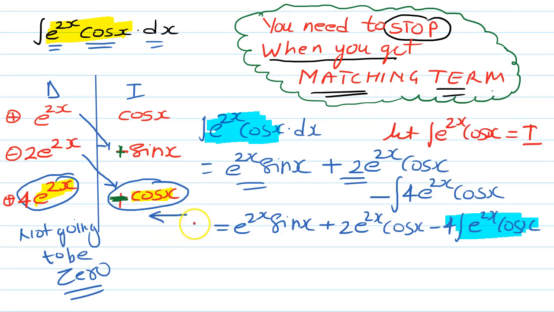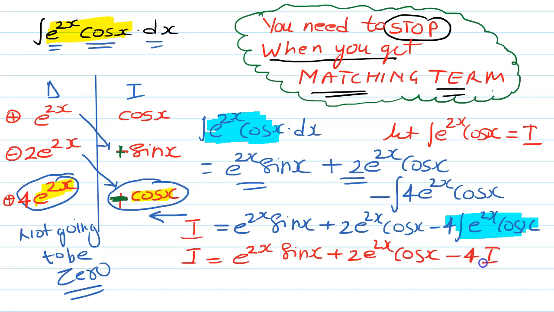So I equals e to the power 2x sin x plus 2 e to the power 2x cos x, and this we can write down minus 4I.